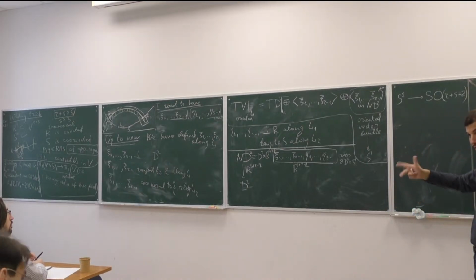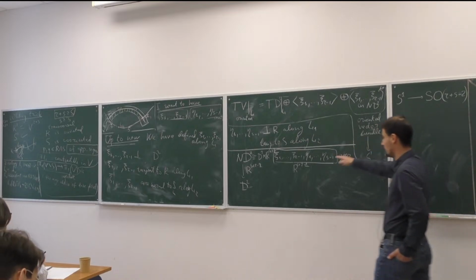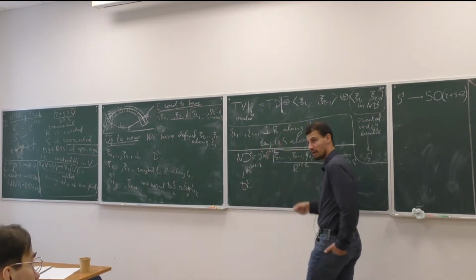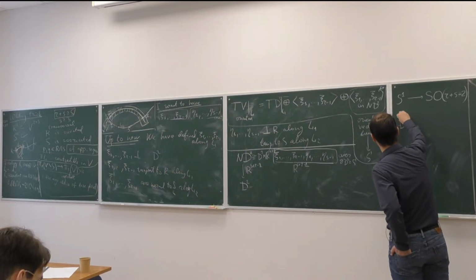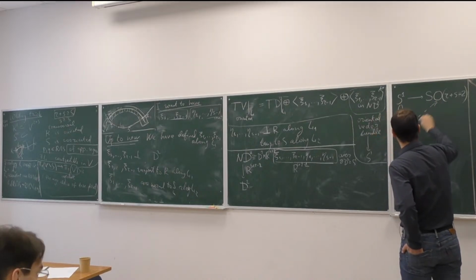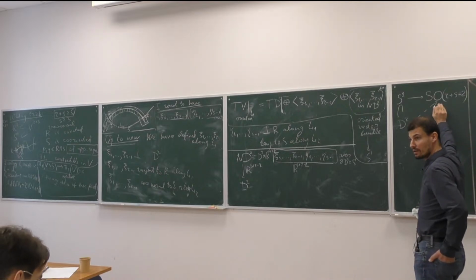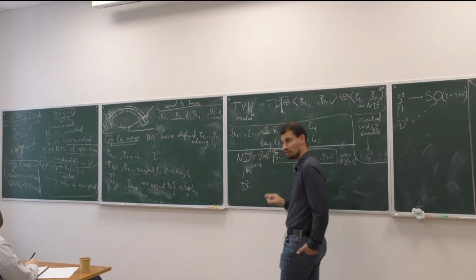The set of frames is exactly the special orthogonal group. So we have such a map: we have a basis along the boundary, and we would like to extend it to a map on the disk. If we succeed in extending it, then we have frames over the whole disk.